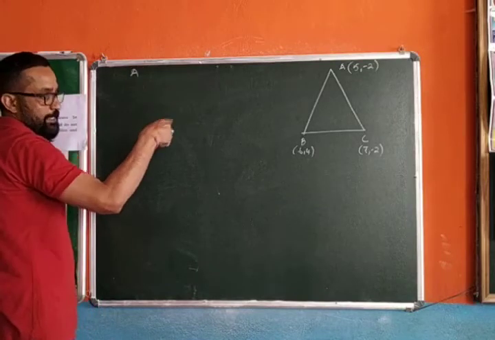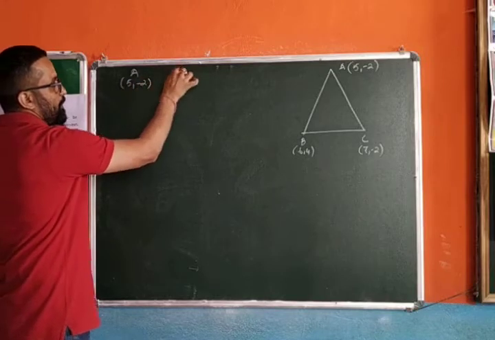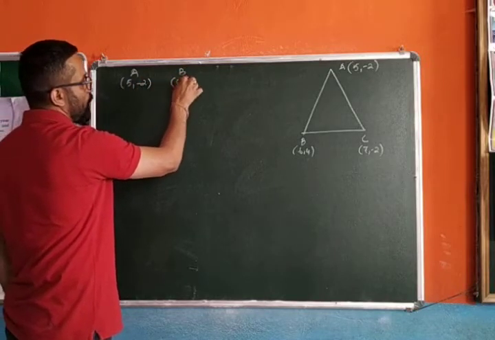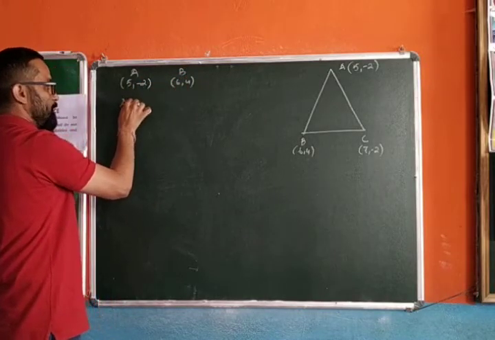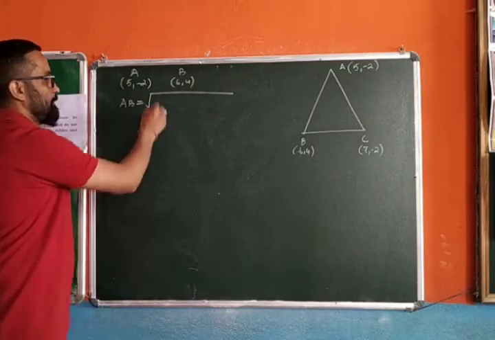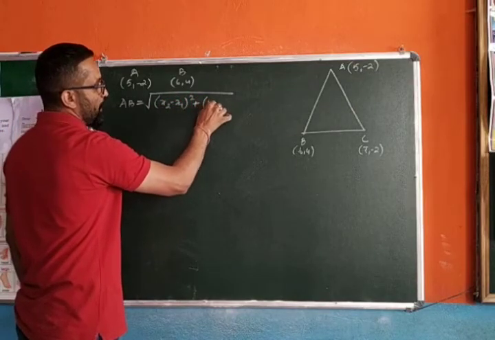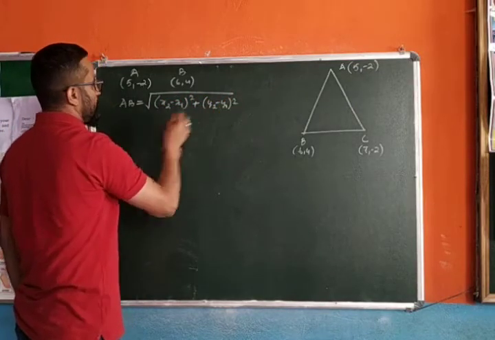So find the distance AB first, 5, -2. B coordinate is 6, 4. AB is equals to root. You can solve it directly. x2 minus x1 whole square plus y2 minus y1 whole square.